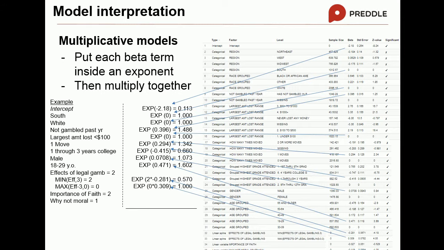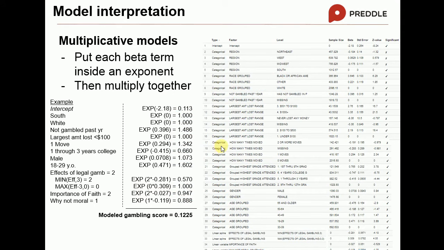The importance of faith and why not moral predictors are both linear variables, so we multiply these by the beta and put them inside an exponent in the same way. Then once we've got all these numbers, because it's a multiplicative model, we just multiply them all together to get a modeled gambling score of 0.1225.